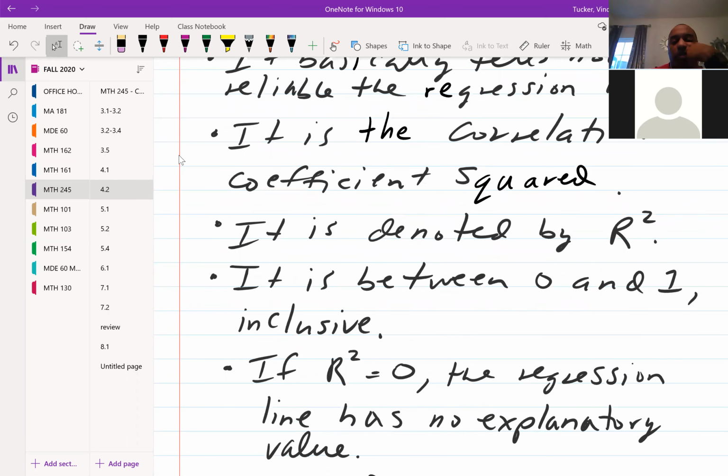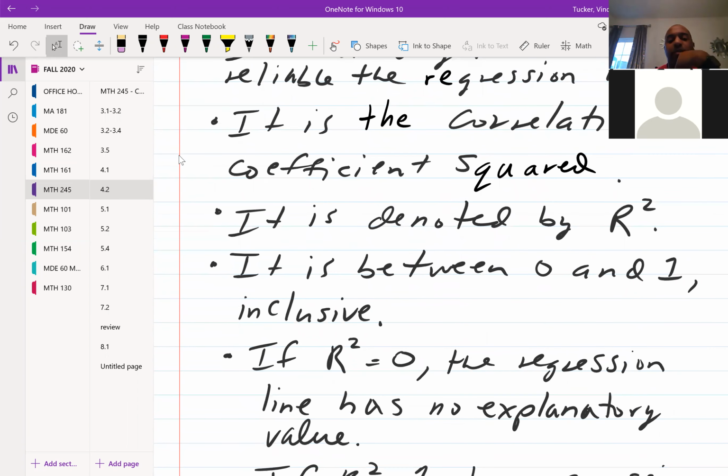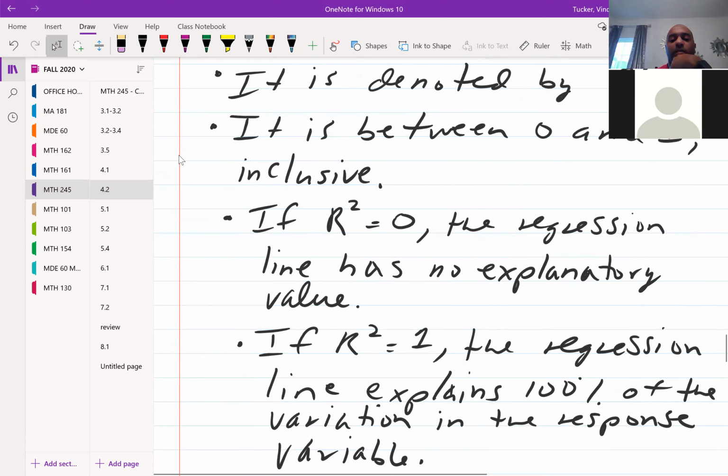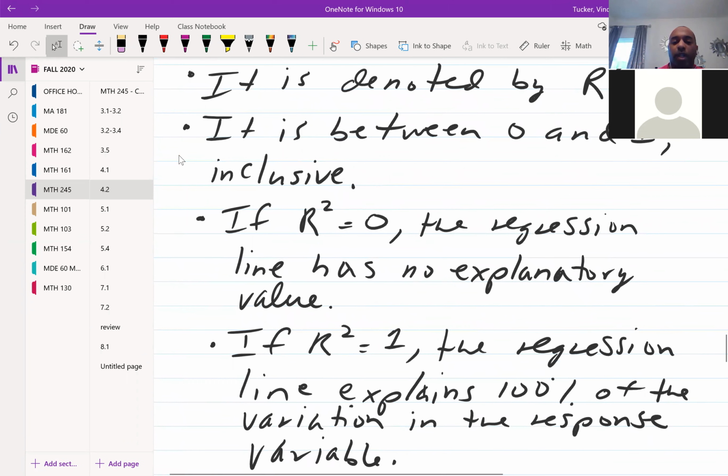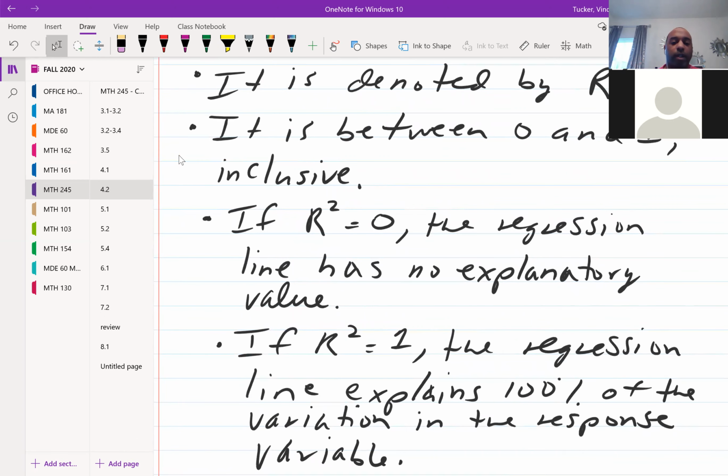If R squared is 0, the regression line has no explanatory value. If R squared is equal to 1, the regression line explains 100% of the variation in the response variable.